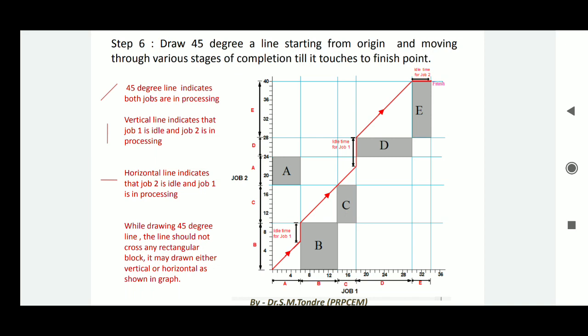A vertical line indicates that job 1 remains idle and job 2 is working, while a horizontal line indicates that job 2 is idle and job 1 is in processing.